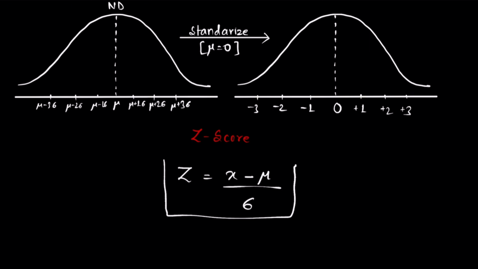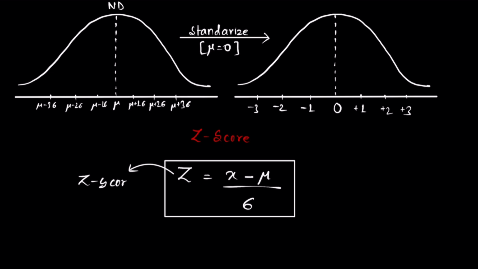So here's one formula that you need to know. Z equals x minus mu by sigma, where z simply means the z-score, x means the value of the variable, mu means the mean, and sigma means your standard deviation.